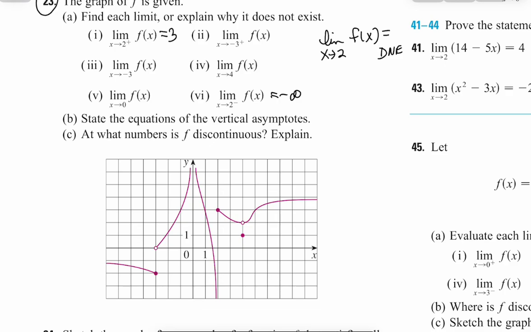In 2, they say approach -3 from the right. So what height are we getting toward? 0. Now let's do the limit as we approach -3 from the left, because they didn't ask us that. If we approach it from the left, what height are we going toward there? -2.